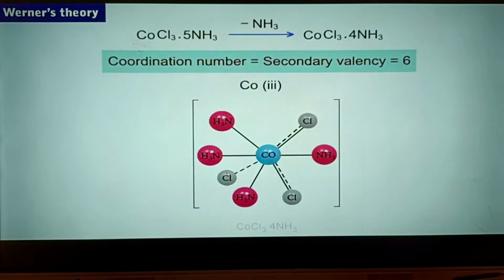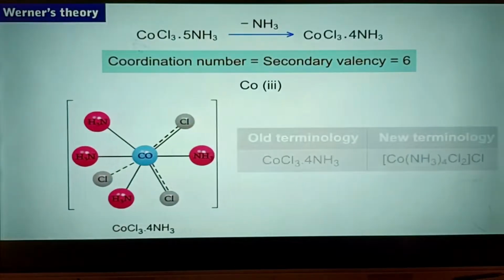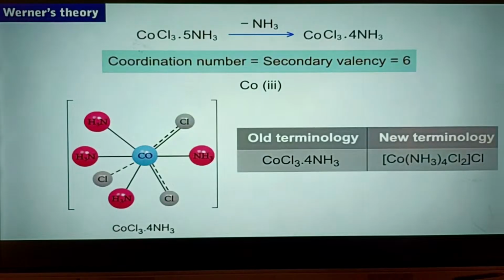Similarly, in CoCl3·4NH3, to satisfy the secondary valency of 6, 2 chloride ions assume dual behavior. In modern terms, the complex can be written as [Co(NH3)4Cl2]Cl.